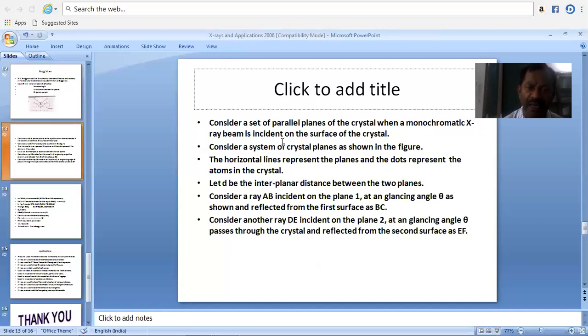Consider a ray AB incident on plane 1 at a glancing angle theta as shown and reflected from the first surface as BC. Consider another ray DE incident on plane 2 at a glancing angle theta, passing through the crystal and reflected from the second surface as EF.